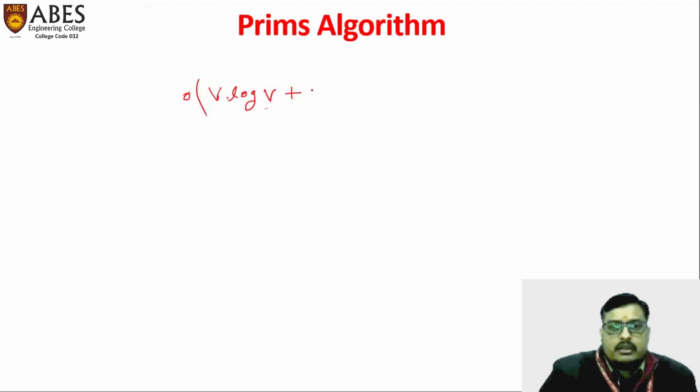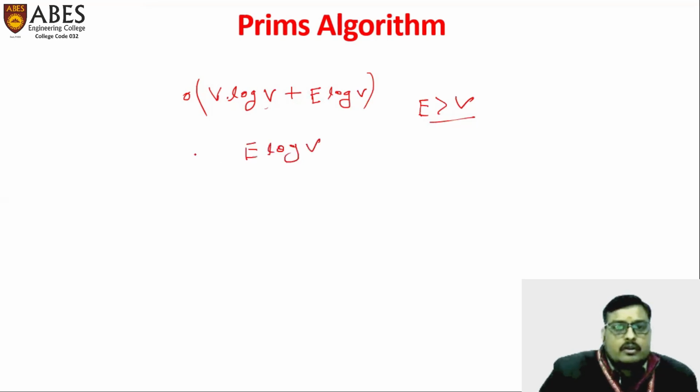It can be e number of times, so e log v, we need to do these decrease key operations. In total, e is greater than v most of the time. So we can say the order of e log v. This is the time complexity of Prim's algorithm.